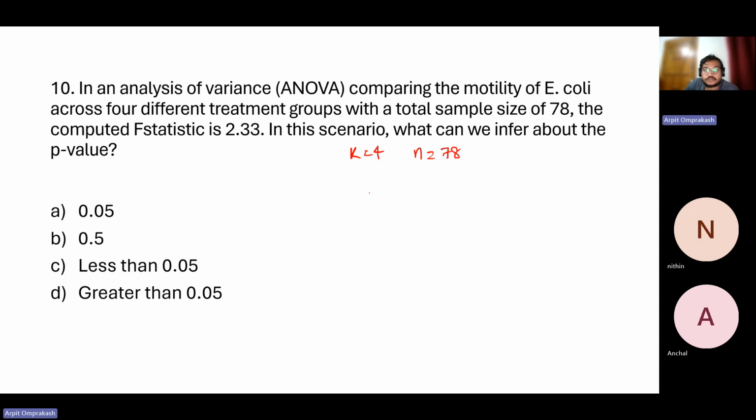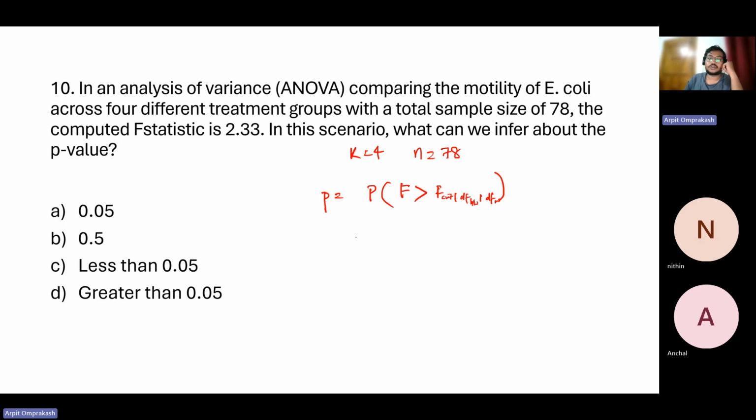So what we'll have here is that the p-value will be the probability that our F statistic is greater than the hypothetical value for a degree of freedom between means and degree of freedom within, for a certain value of these two degrees of freedom.